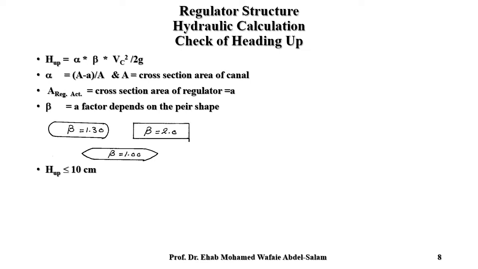Take care from this. Beta is another function due to the shape of pier. It's 1.3 or 2 or 1 due to the shape of pier. Heading up is not more than 10 centimeter, equal or less than 10 centimeter.